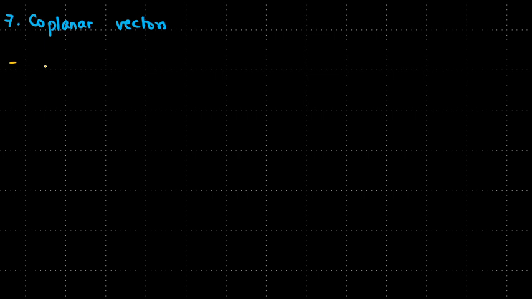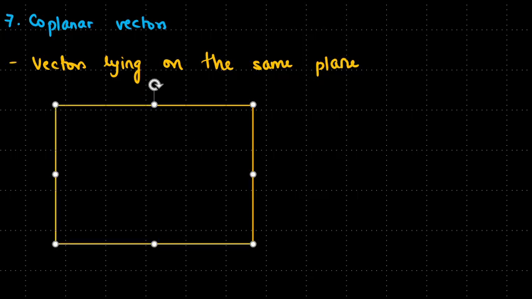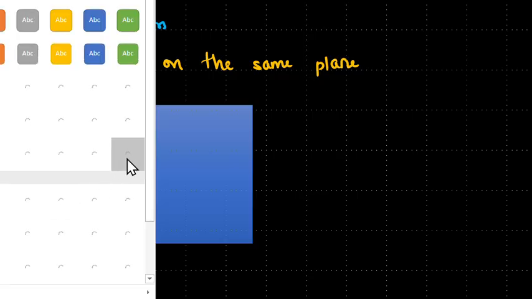So the vectors that lie in the same plane, vectors lying on the same plane. Suppose I take a plane. So suppose this is a plane. Let's change the color so that it looks like a plane.